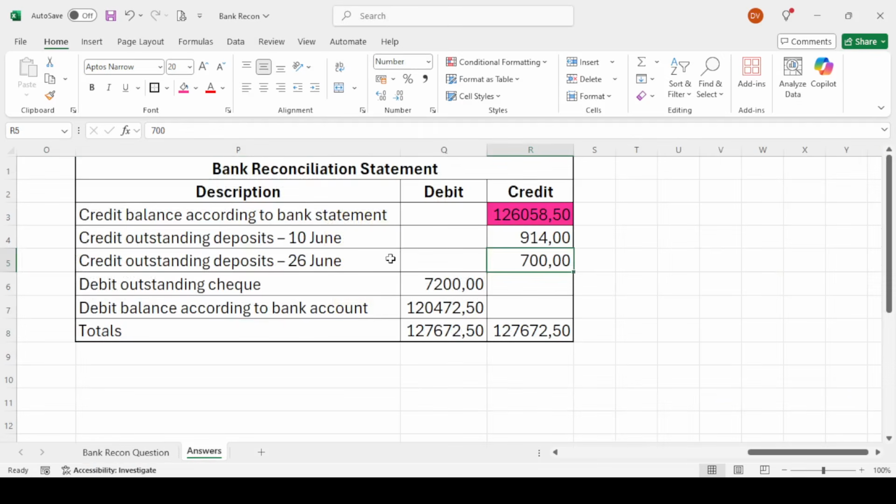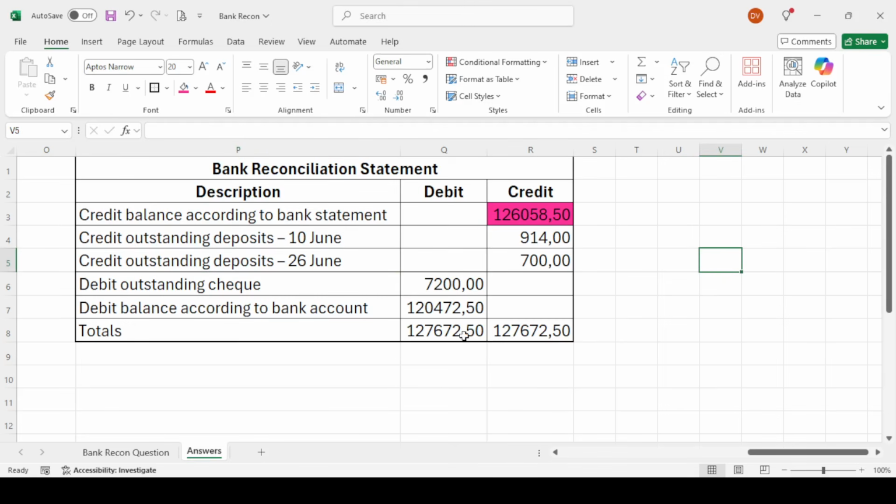And this is what it looks like on your bank reconciliation statement. You call it credit outstanding deposit with the date. You won't be writing a person's name in here or British Airways or Qantas or anything like that. Okay, there's your 2 amounts from your CRJ.